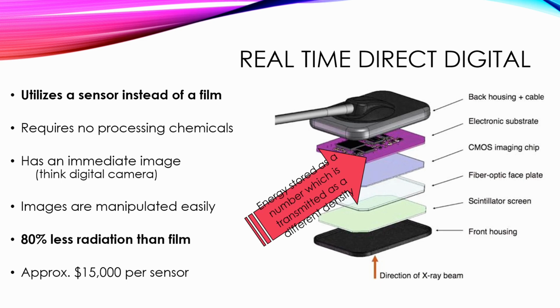We simply use one sensor and move it around the mouth to take as many images as we want. We don't have to use processing chemicals. When developing film, the chemicals were always wrong or dirty, not enough, not the right temperature, and they caused a bad product when taking X-rays. There's no risk of double exposure.